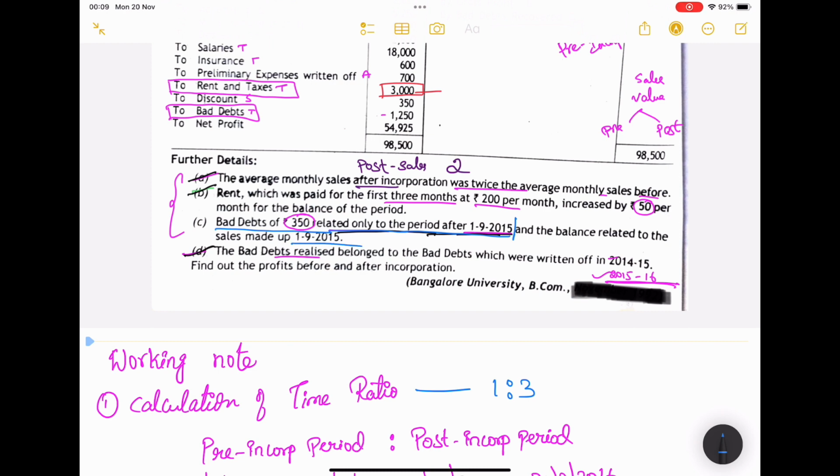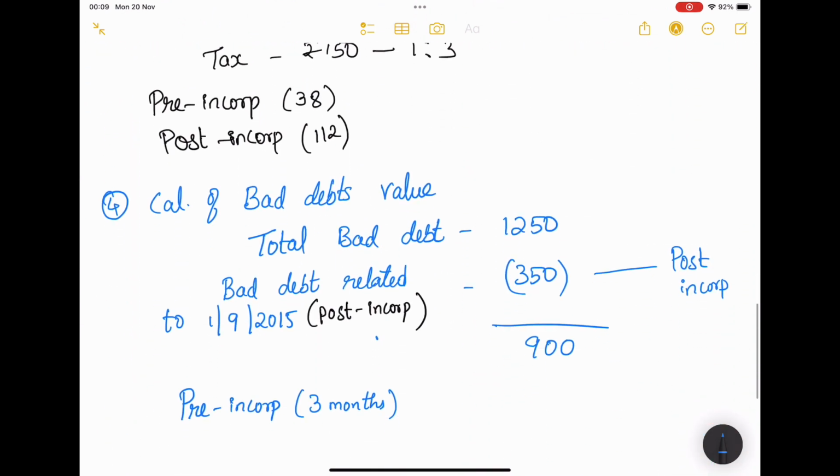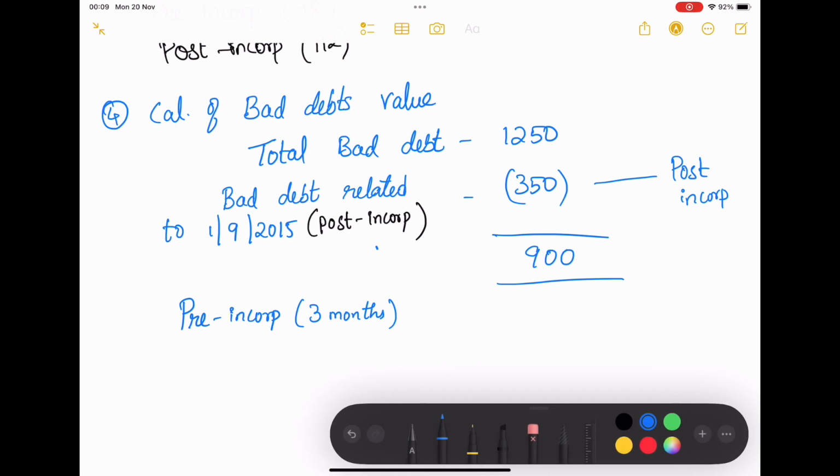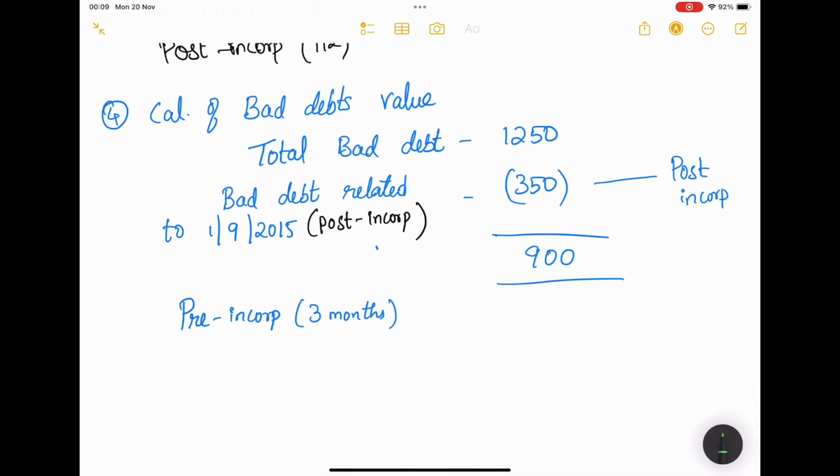What they are mentioning here, whatever remaining value we are having in the question, no, this one is related up to 30th August 2015, which means 350 is fully related to post incorporation, but this 900 is not fully related to pre incorporation and not fully related to post incorporation. I'll write here now.